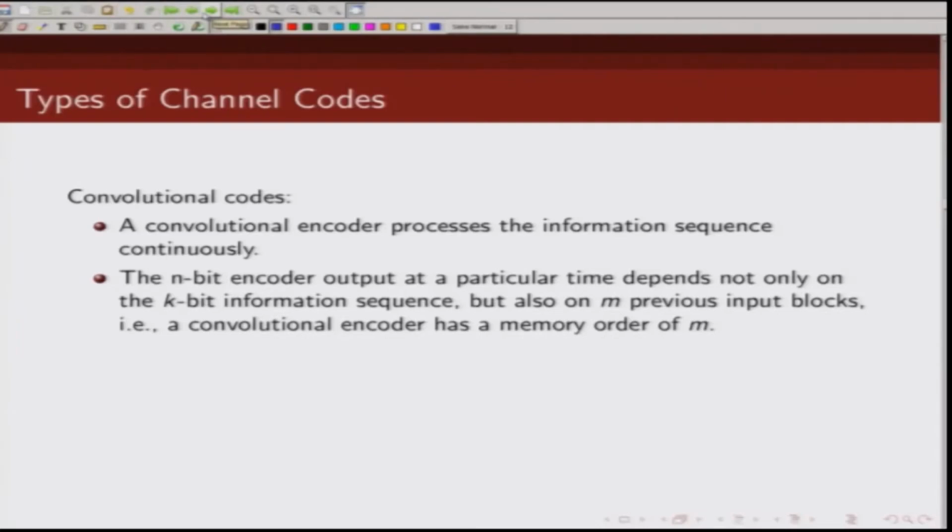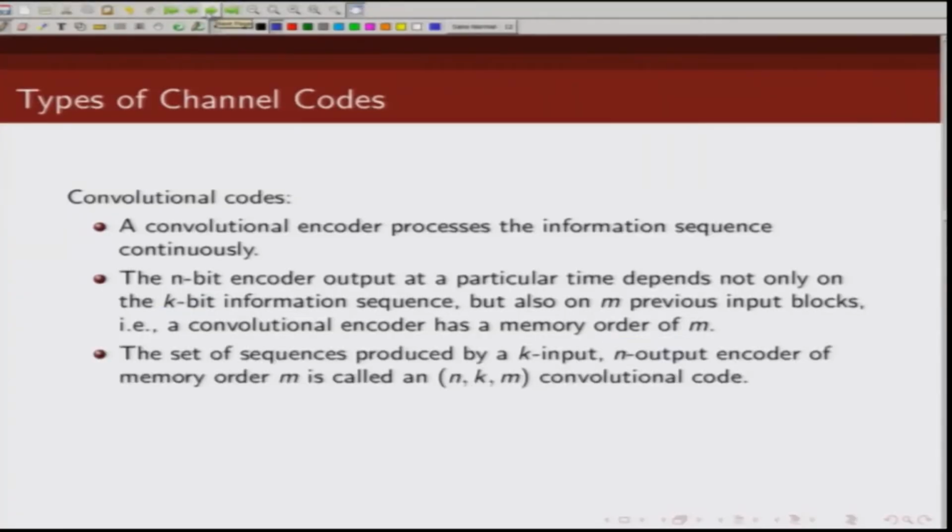So, if we have an (n,k) convolutional code where k is the number of information bits, n is the number of coded bits, we have another parameter which we call the memory order, which signifies basically how many past bits, or what is the past information that has been used to generate the current output.